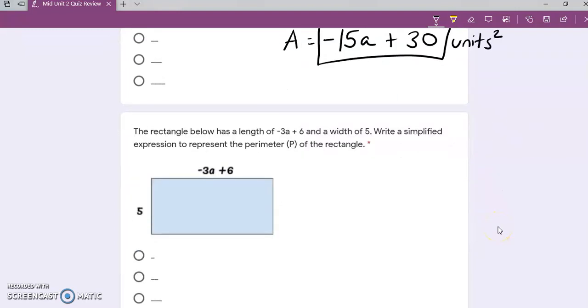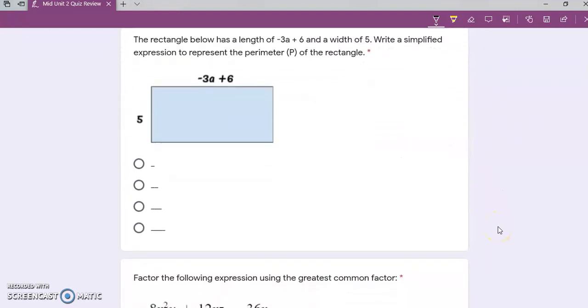Okay, next question. Same exact rectangle, only this time I'm trying to find the perimeter. So, remember, when I'm trying to find the perimeter, I have to know that all of the sides have to be added up. I have to add this side plus this side, plus this one, plus this one, plus this last one.